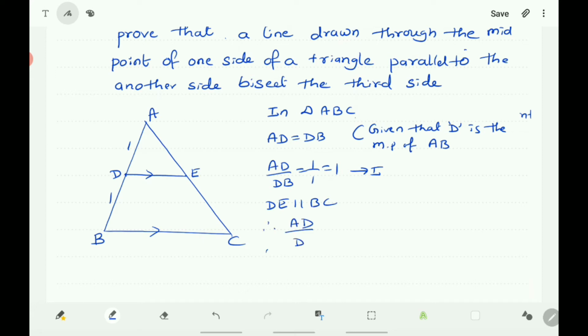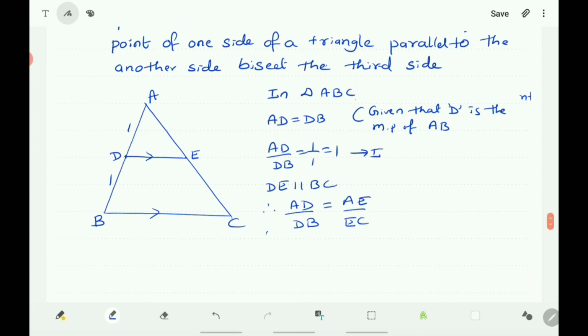AD by DB is equal to AE by EC. Consider this is second, and this is by what? Thales theorem. The line which is parallel to BC divides AB and AC in the same ratio. Therefore, you can write AD by DB is equal to AE by EC.